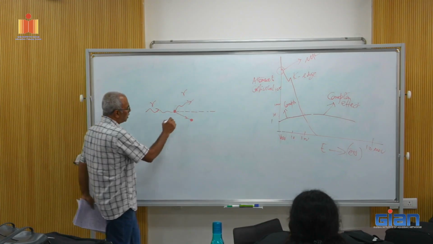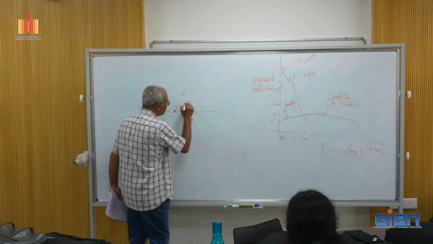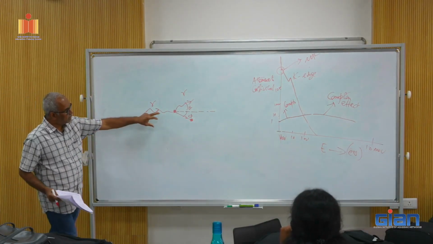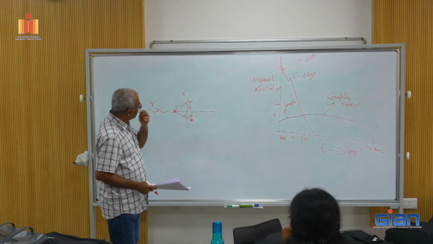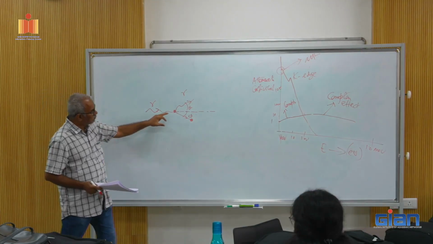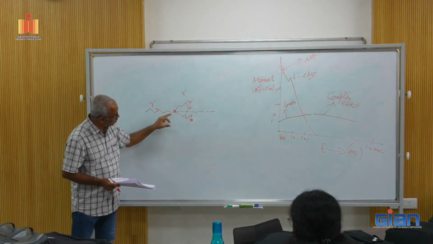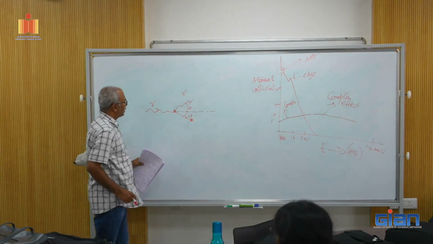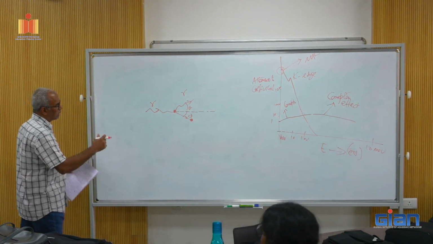And these are the two angles. Let's say this is phi, this is theta. When a photon hits an electron, the electron is moved from this position, and also the photon is scattered with a certain angle theta.